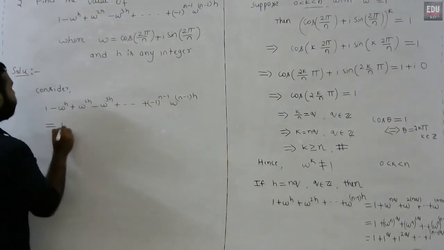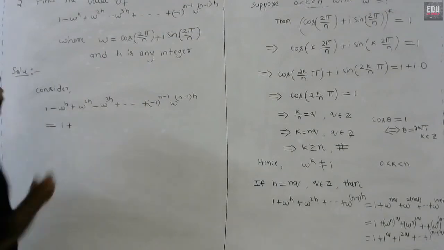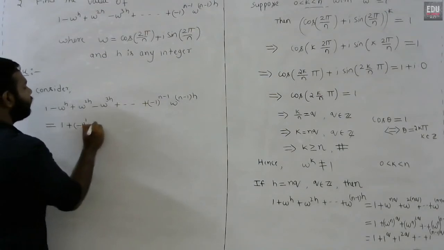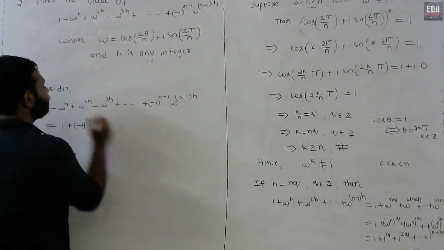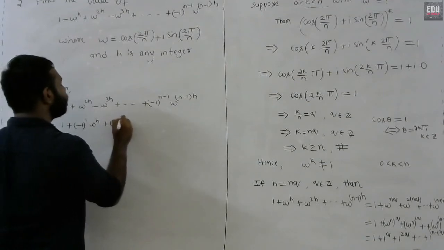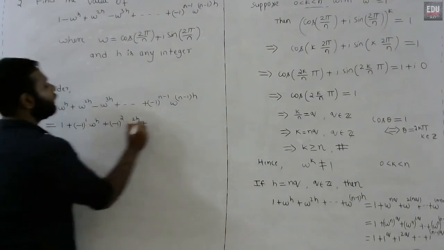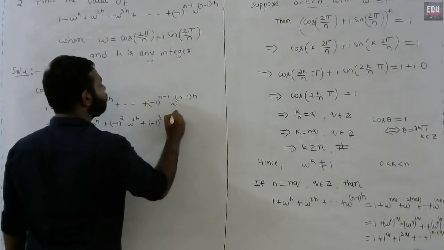So I can write this as 1 plus minus 1 into omega power h. I can write it as minus 1 power 1 into omega power 1 into h, plus this term can be written as minus 1 to the power 2 into omega power 2h. This can be written as minus 1 to the power 3 into omega power 3h.